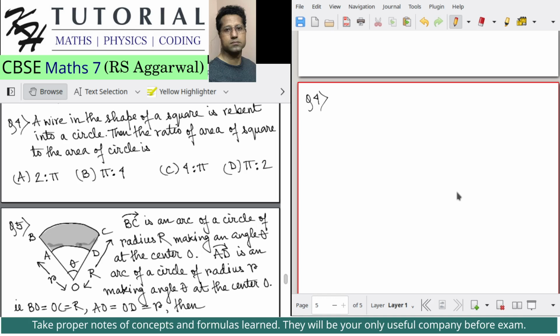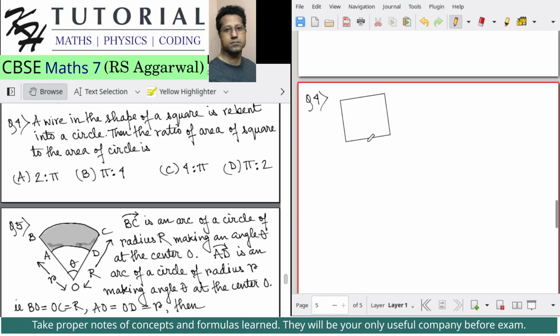So a wire initially in the shape of a square is reshaped into a circle, which means that whenever in this kind of problem you are given that a wire is in the shape of a figure, let's say figure 1, and it is reshaped into a figure 2, then obviously the perimeter of figure 1 should be equal to the perimeter of figure 2, because the length of the wire is constant. It will not change. So let's try to visualize what is happening. We have a square.